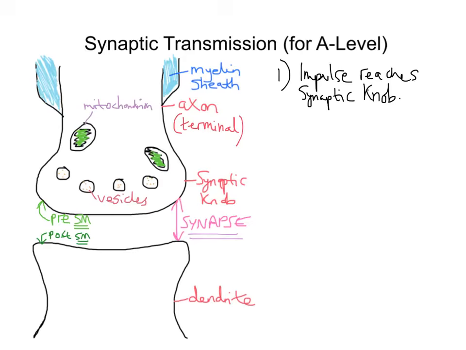So if we just draw these as two yellow parts, after the impulse has travelled down this axon terminal and reached the synaptic knob, it causes this action potential wave of depolarization, and these calcium channels open. And calcium ions, Ca2+, pass through that channel.